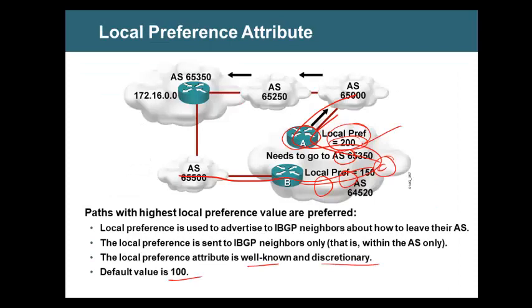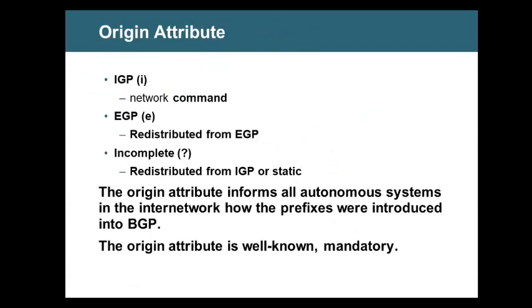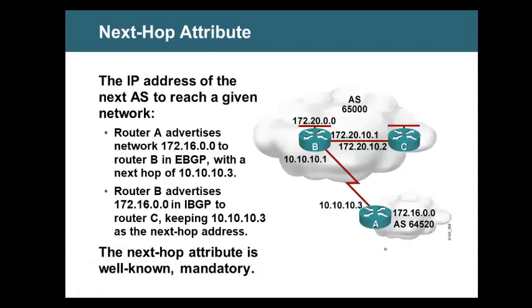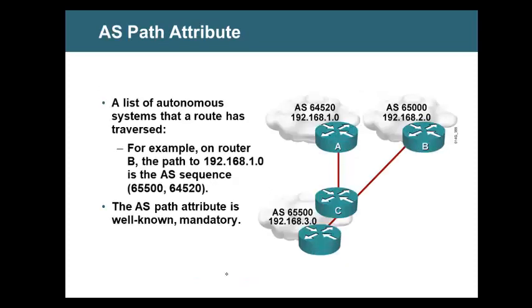You see, here it is written in the last line. Well-known mandatory, origin. Next hop, well-known mandatory. AS path, well-known mandatory. Yeah. So these are the classifications.